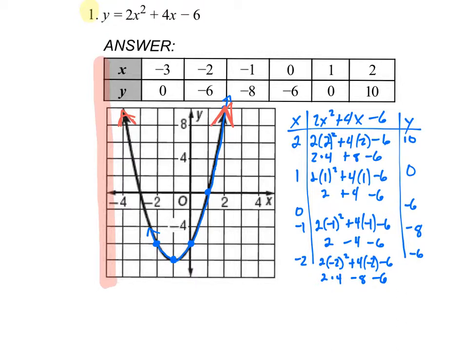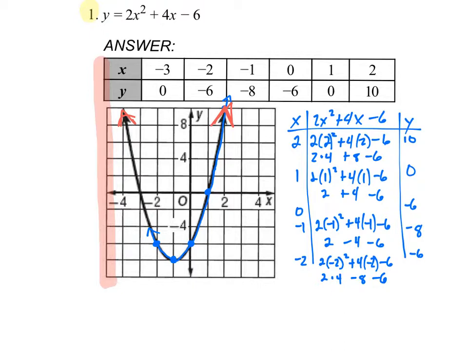Eventually I would. What if I came over to 50? What about 100? Is there any x value that eventually won't hit my graph? No. So I'm using every single x value possible in this graph. Does that make sense? So that's what we mean when we say all real numbers.